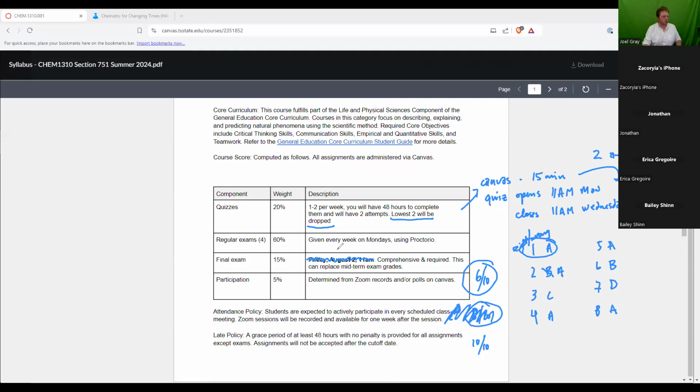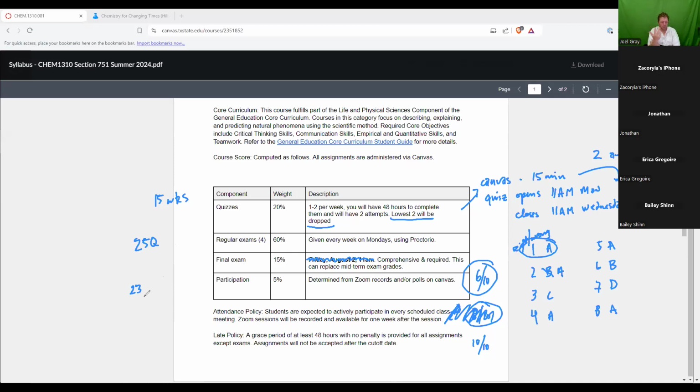So if we've got 15 weeks and we take 1 to 2 per week, let's say that we take 25 quizzes. That means your 23 highest are the ones that you ultimately are graded on.